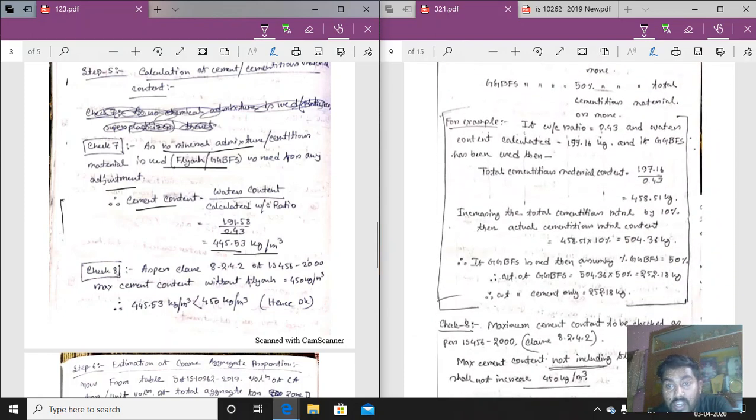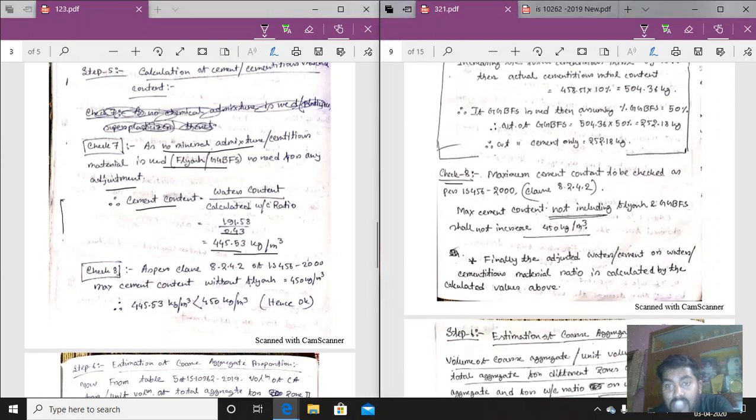Coming to check number 8. Check number 8 says maximum cement content to be checked as per IS 456 2000 clause number 8.2.4.2. What does clause 8.2.4.2 say? That maximum cement content not including fly ash and GGBFS shall not exceed 450 kg per meter cube.